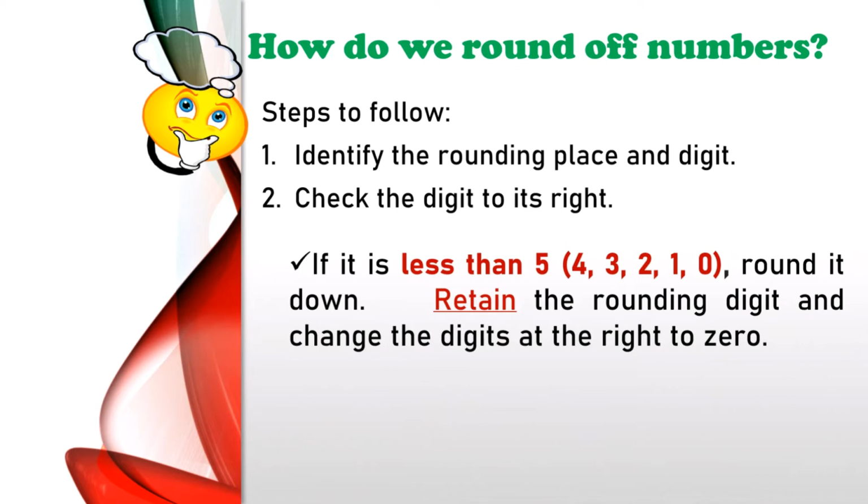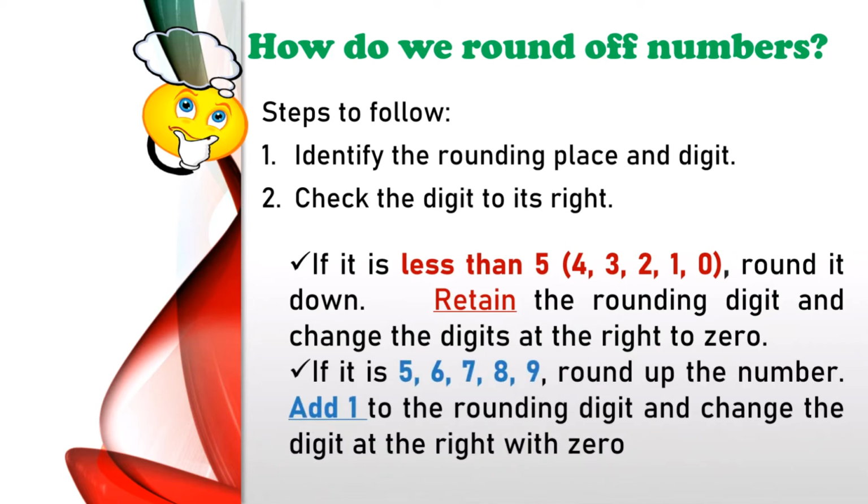Retain the rounding digit and change the digits at the right to 0. If it is 5, 6, 7, 8, and 9, round up the number. Add 1 to the rounding digit and change the digit at the right with 0.